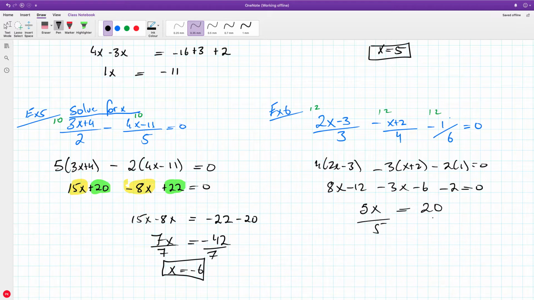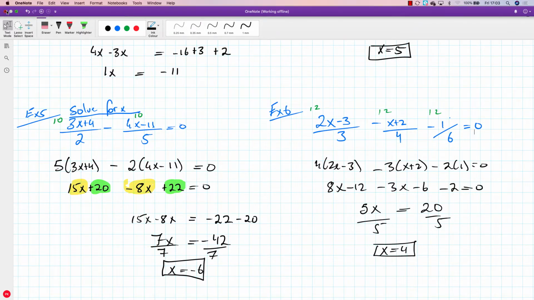Divide across by 5, x is equal to 4. Good stuff. Right, those are linear equations with fractions.